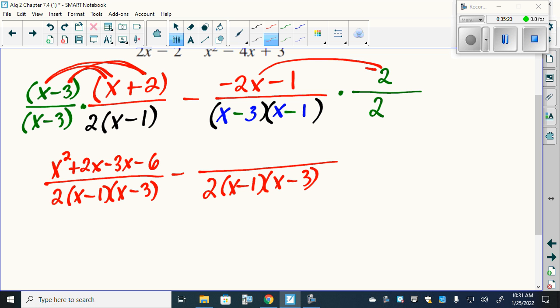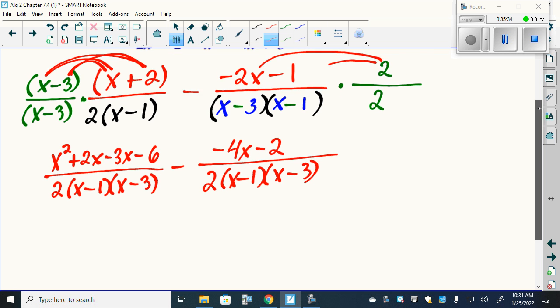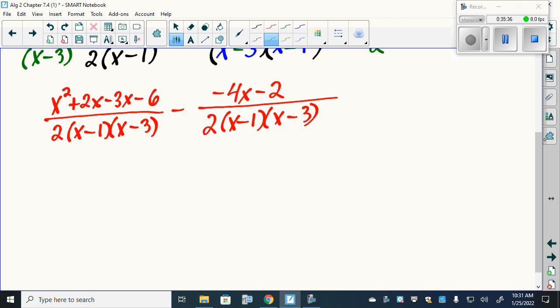Over here, we're going to distribute the 2. So 2 times negative 2x is negative 4x. 2 times negative 1 is negative 2. Any questions on any of this here?